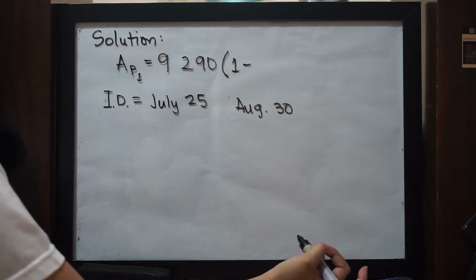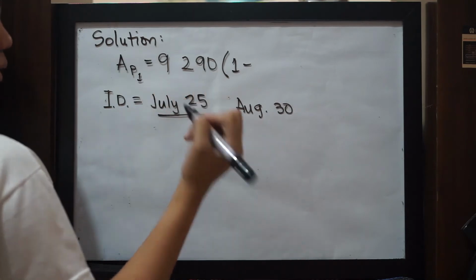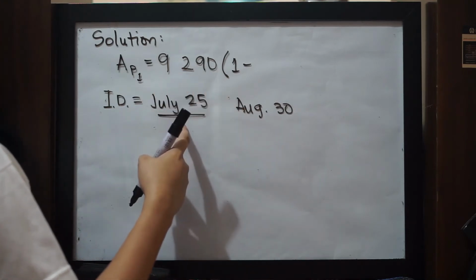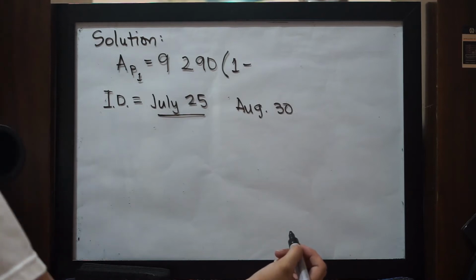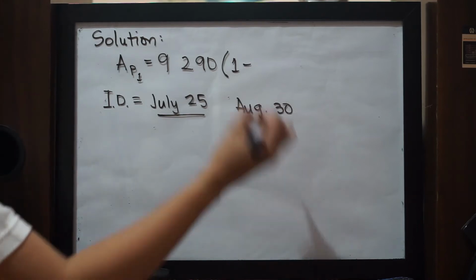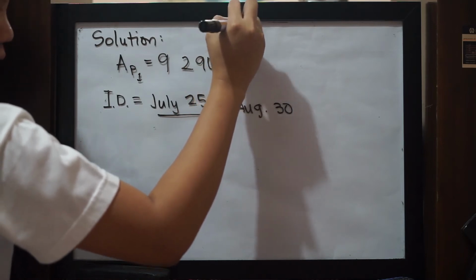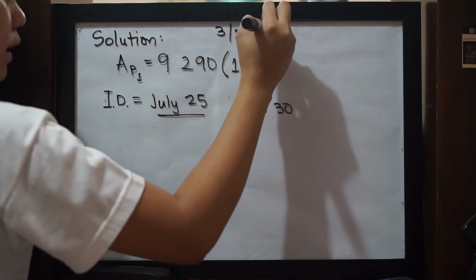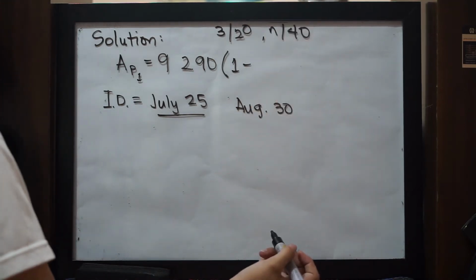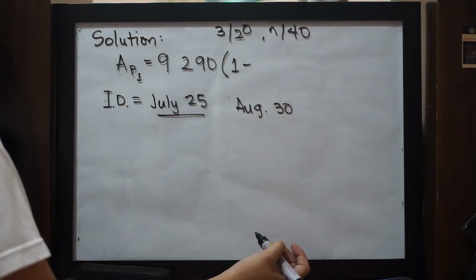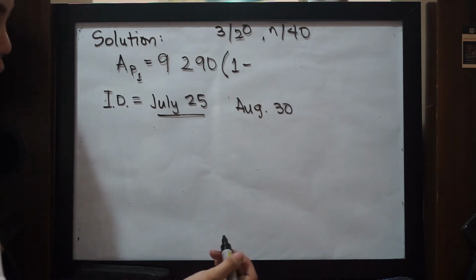So, we have to get the days that passed from July 25 to August 30 so that we can identify if it will fall on the term 3/20 or N/40. Para makuha din natin yung discount rate na gagamitin natin for the first scenario.